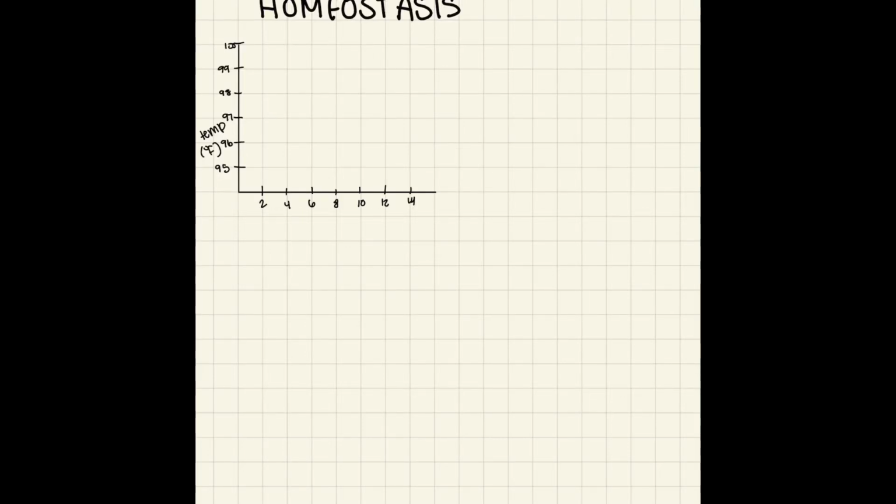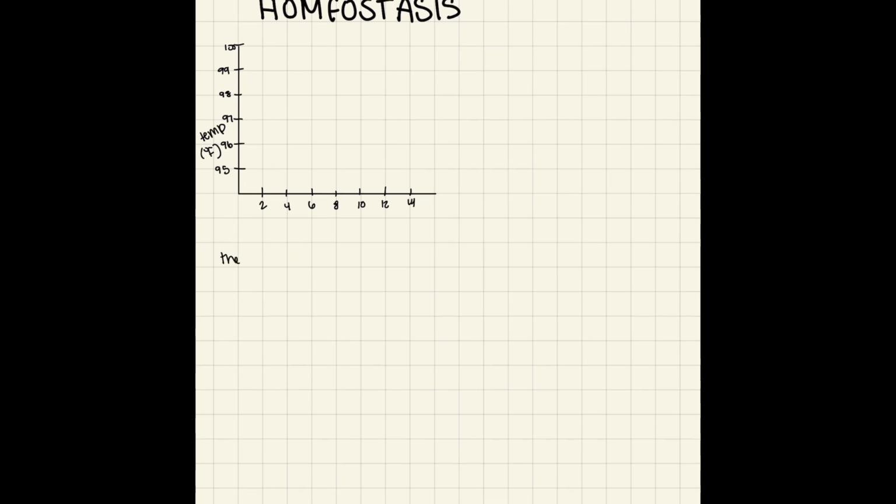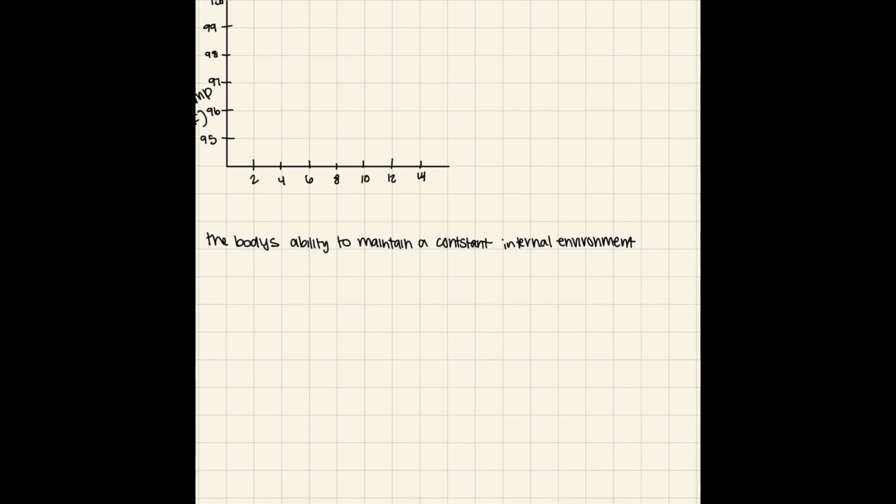Okay. So homeostasis, by definition, is the body's ability to maintain a constant internal environment, for a certain variable that could be temperature, pressure, pH, regardless.